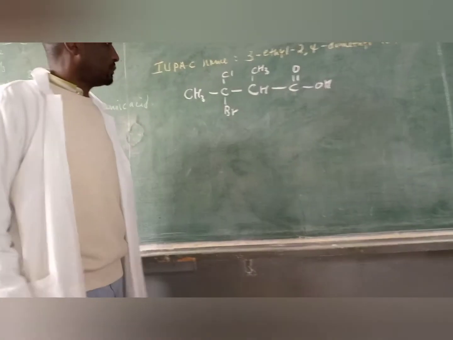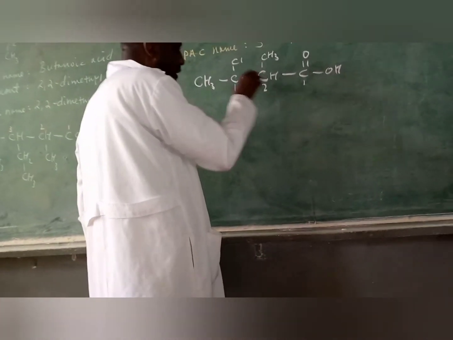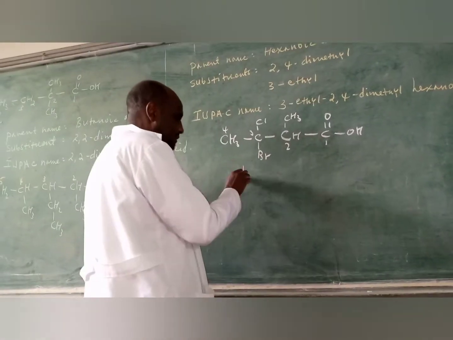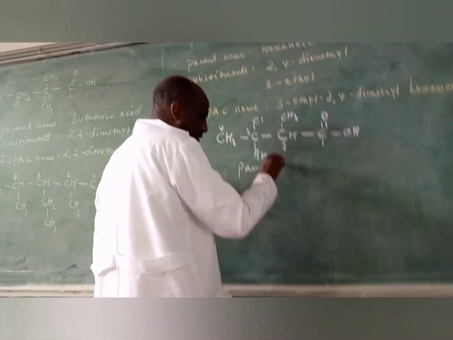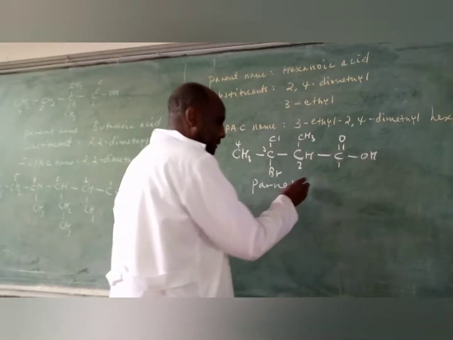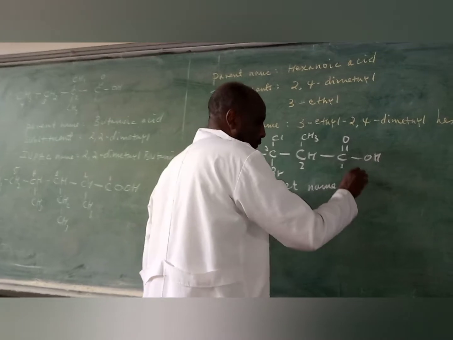This is the given monocarboxylic acid. Always this is the first carbon, the second carbon, the third, fourth. The parent structure has 4 carbon. Therefore the parent name is butanoic acid.